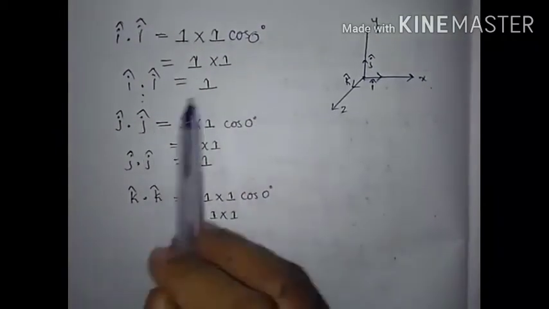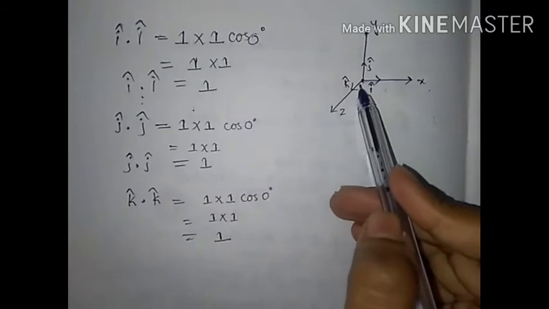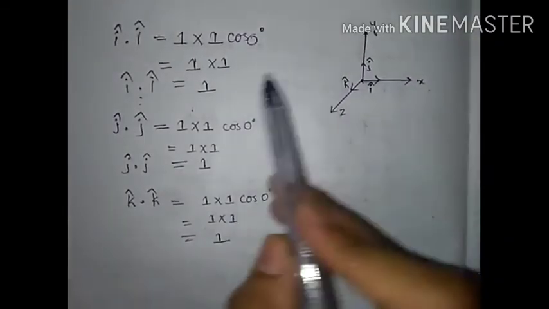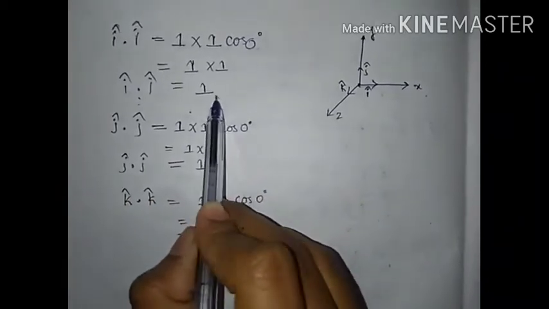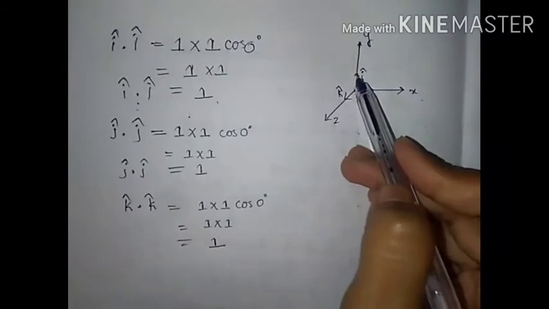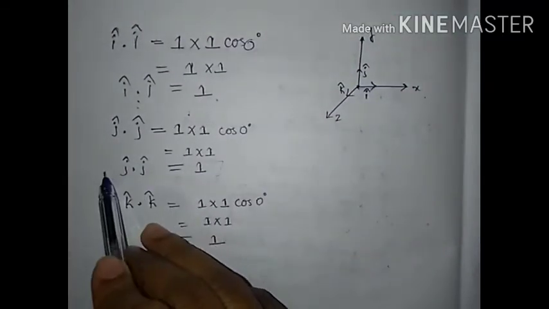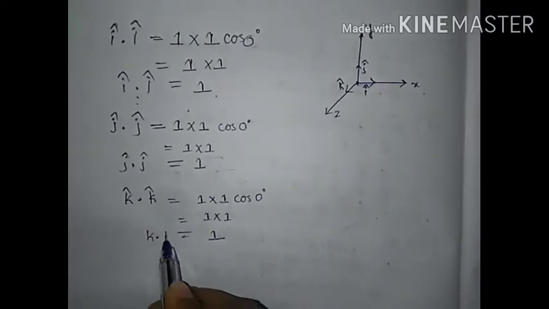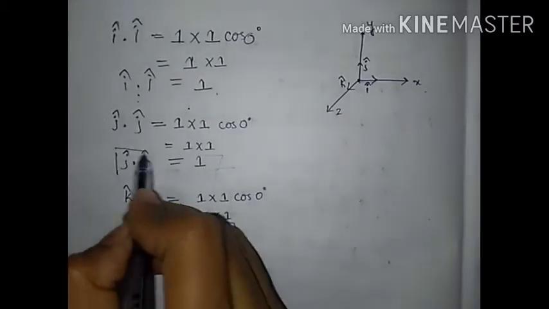So if you take two unit vectors, i cap and i cap along the x axis, their dot product is 1; j dot j is again 1; and k dot k is again 1.